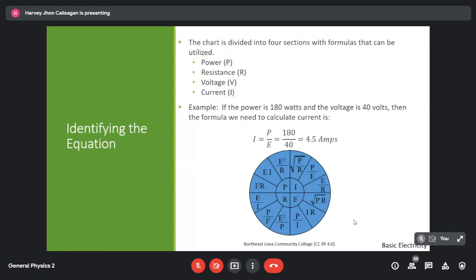Okay. Let's identify the equation by this. The chart is divided into 4 sections with formulas that can be utilized. We have the power. Actually, you know already how to calculate the power because we're done discussing that on our General Physics 1, diba? So we have many ways to calculate the power, but the formula that we had last time was just focusing on the human power, I guess.